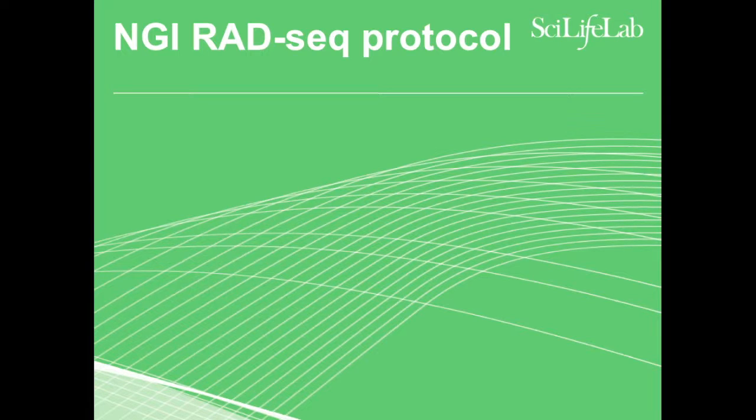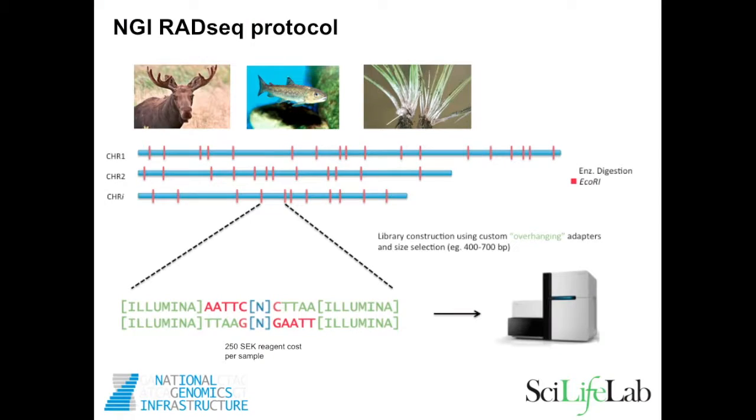I will now talk about our RADseq protocol. As the name implies, RADseq is restriction-associated DNA sequencing. It is a method for giving a reduced representation of a genome. Typically you will only sequence between maybe 1% and 5% of the whole genome.